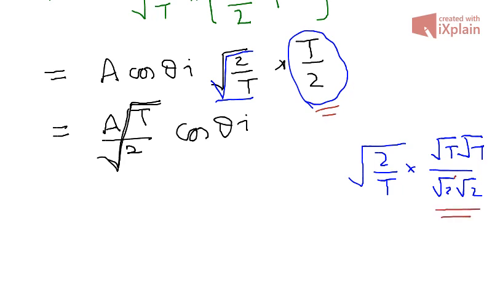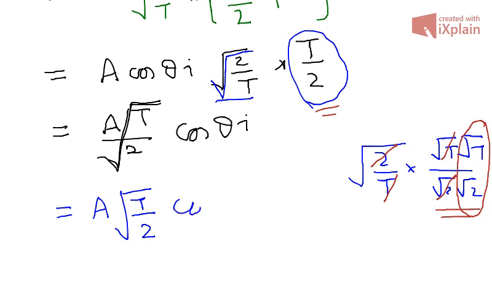So this 2 cancels with this 2, this T cancels with this T, so we are left with under root T over 2. Now if you observe this, we have a under root T over 2 cos theta I. And what is this? A under root T over 2.